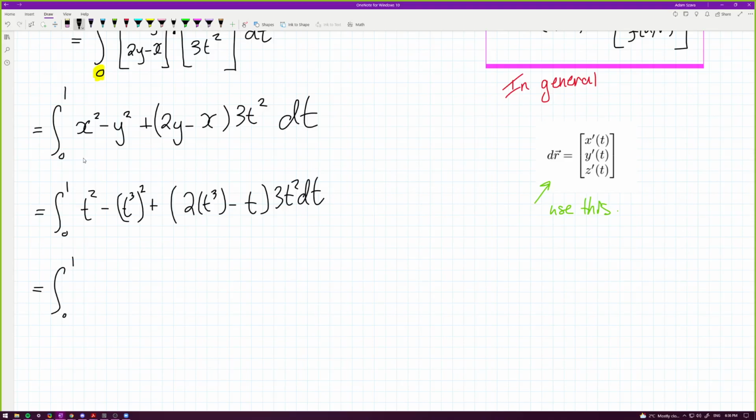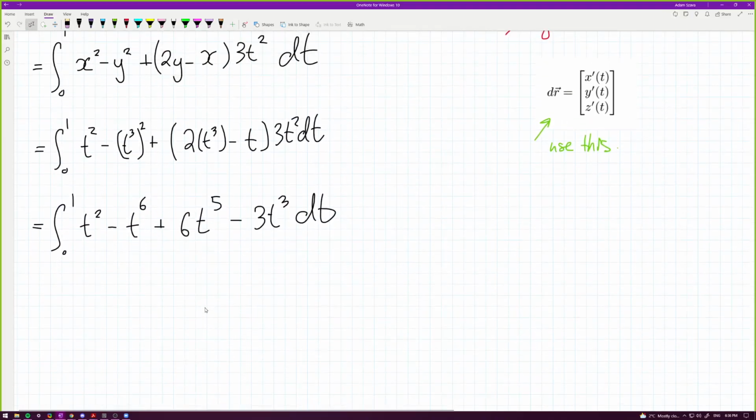So integral 0 to 1, I'll just simplify a little bit: t squared minus t to the 6 plus, I'll multiply that in, 6t to the 5 minus 3t cubed dt. Just going to make sure I follow along with what I did before here, to make sure I have everything correctly. Yes, good. And then, of course, this is just t cubed over 3 minus t to the 7 over 7 plus t to the 6 minus 3t to the 4 over 4, evaluated 0 to 1.